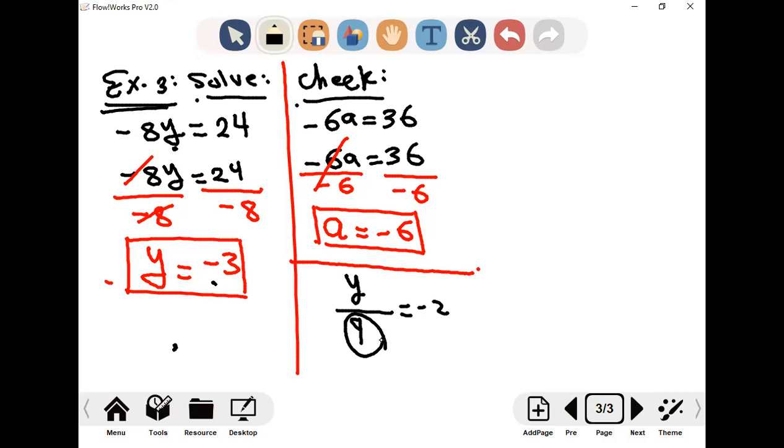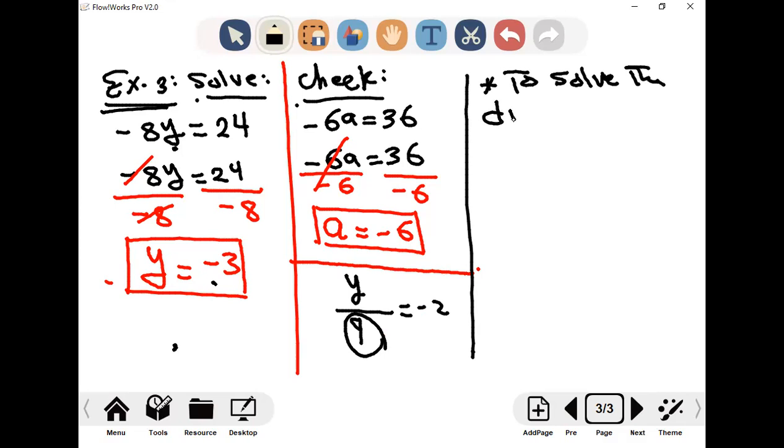Now, how do we solve the division equation? To solve the division equation, what do we do?